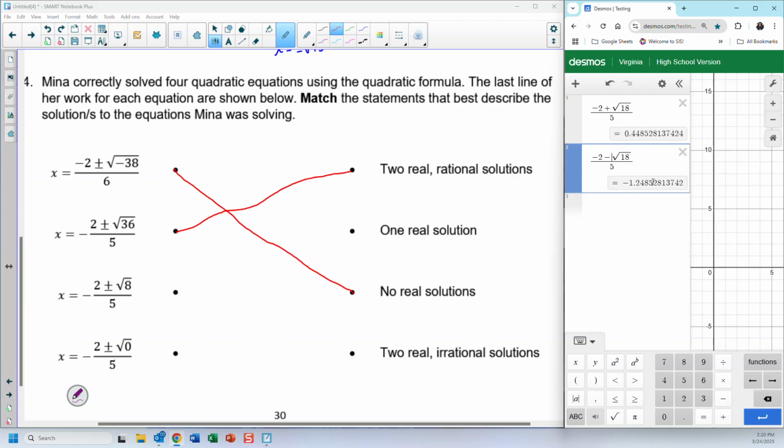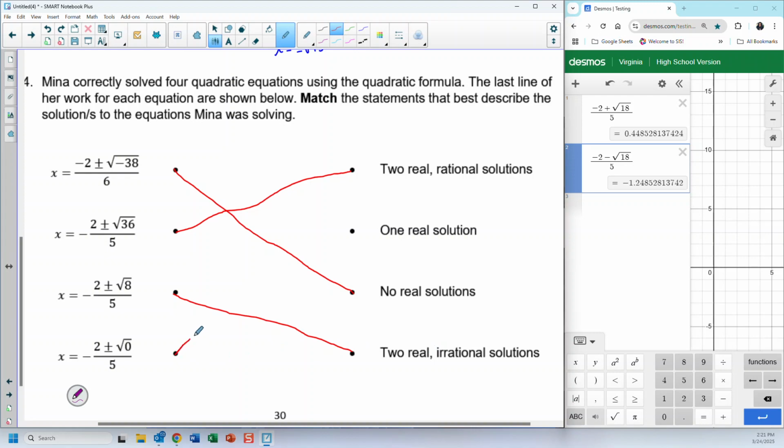So these are my two irrational solutions. Irrational numbers are numbers that don't just cut off like in the previous examples, but they just keep going and going, and there's no repeating. They don't have a pattern of numbers. Okay, so those are my two irrational.